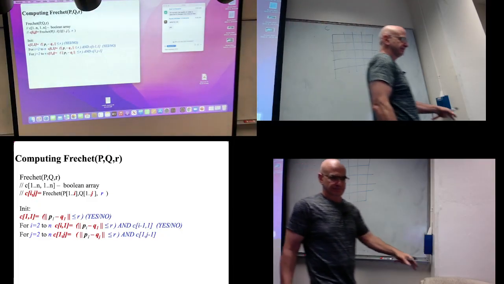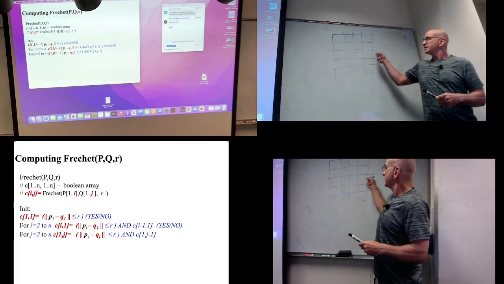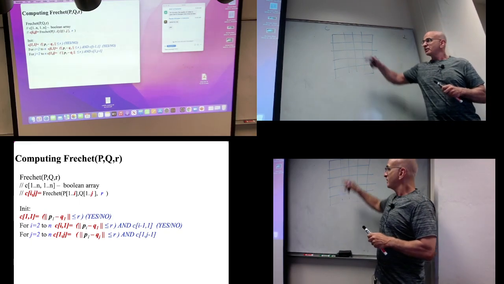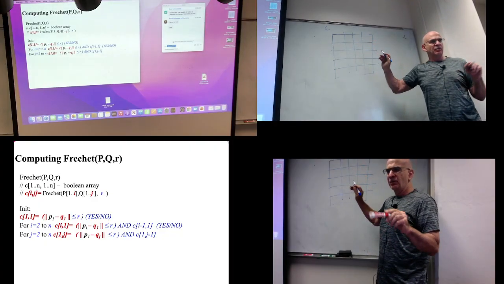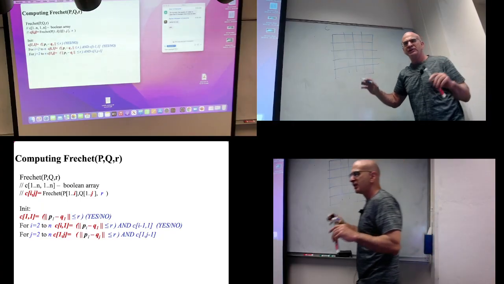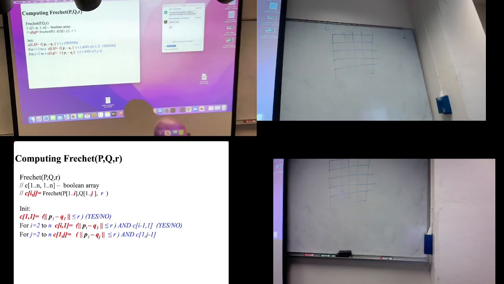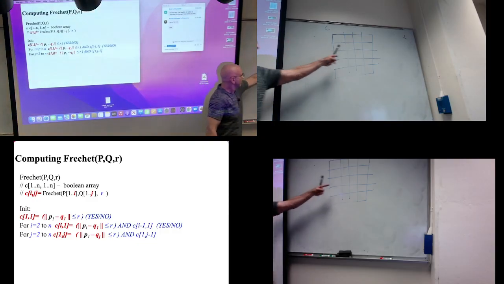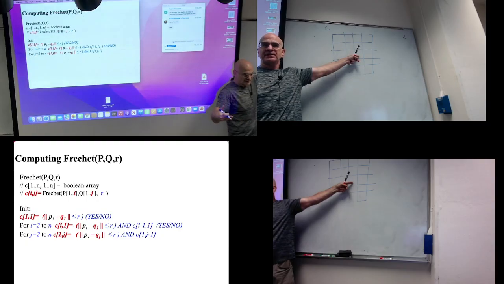In the case of the LCS, this array C is a two-dimensional array. I never know what is the correct pronunciation, array or array, I mean the same. In the case of the LCS, every cell contains the distance between some prefix of one string and some prefix of the other string.